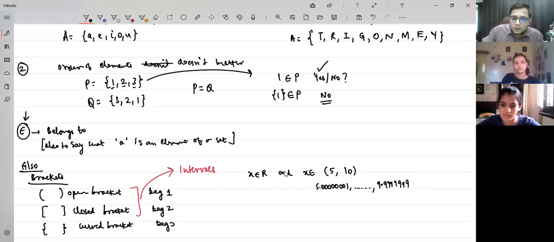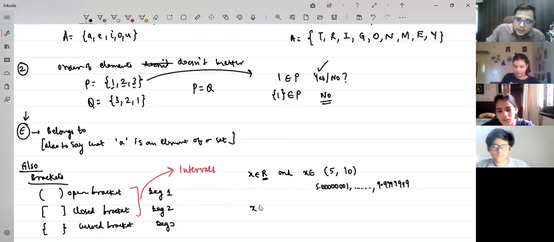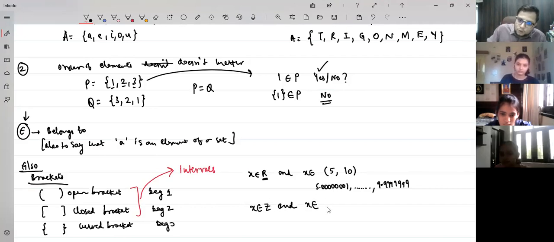No, sir. Okay, here I have talked about real numbers, right? Now, the same question, if I change to x belongs to integers, what does that represent? Set of integers, okay? And x belongs to (5, 10).